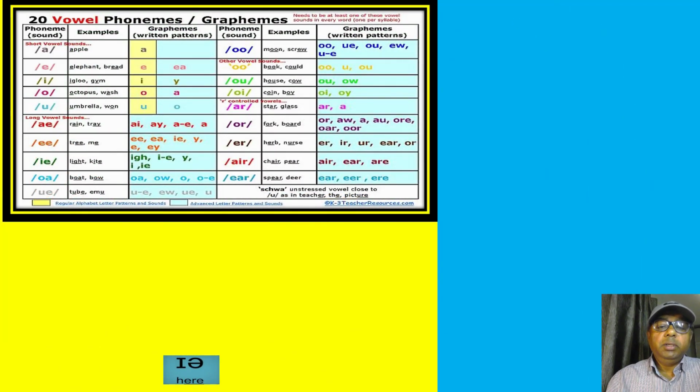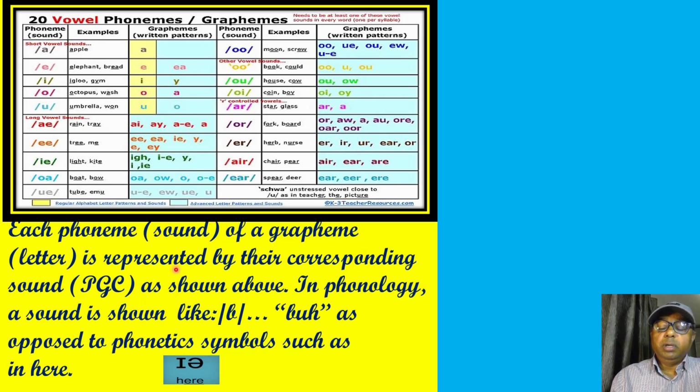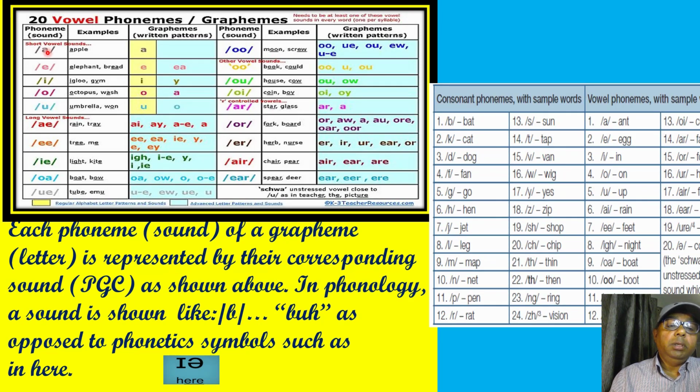In this slide, I have tried to show you two tables, one containing 20 vowel phonemes and the other containing 24 consonant phonemes. For example, we all know by now that a letter is represented between two slashes.